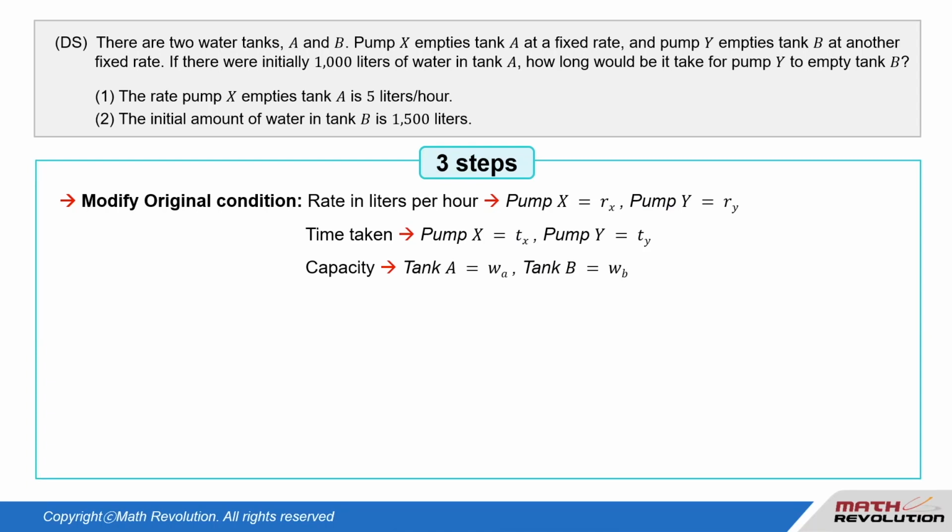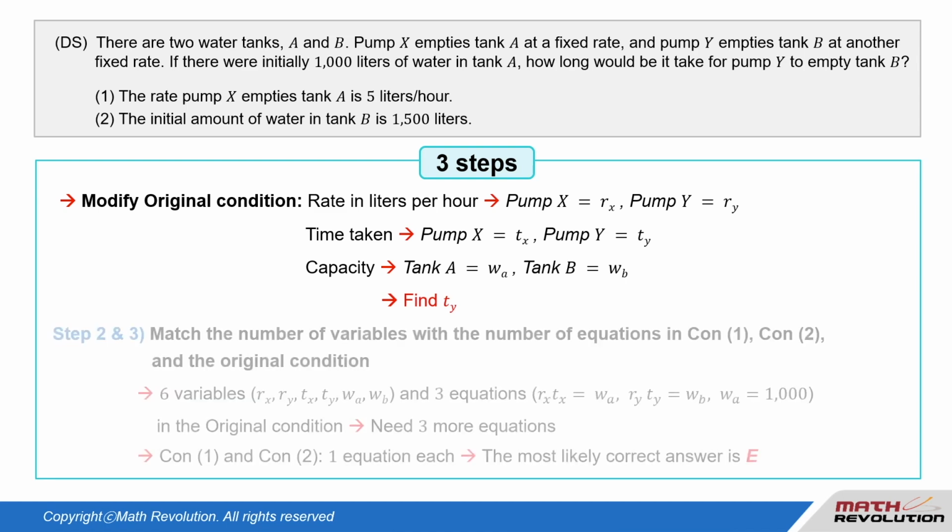So let the rate of liters per hour of pumps X and Y be Rx and Ry, respectively, while the time taken is Tx and Ty, respectively. Let the capacity of tank A and B be Wa and Wb, respectively. So, our question is to find the value of Ty.